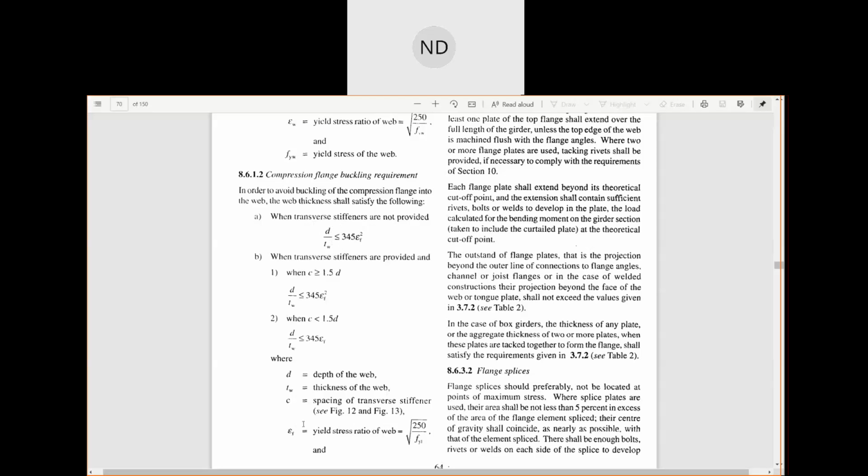Epsilon f is the yield stress ratio of the web, which is root over 250 by fy, and fy we know is 250, so this will obviously become 1. So d by tw is equal to 116.66, which is also less than 345 epsilon f square. Therefore the minimum thickness of the web provided is sufficient.